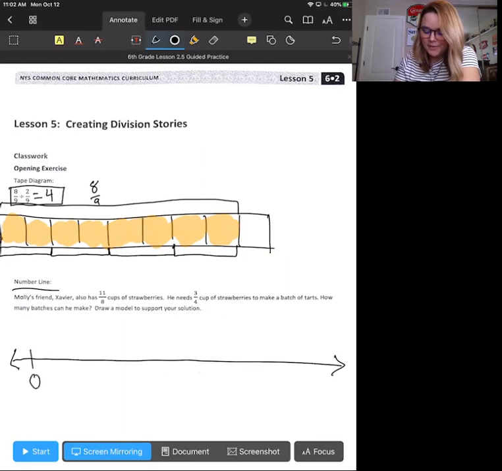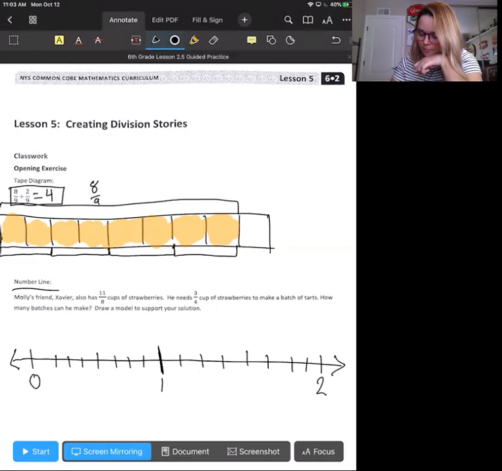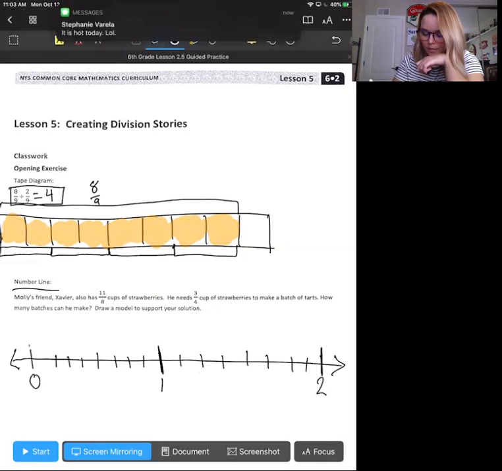I'm going to start at 0. And we know that 11/8 is somewhere between 1 and 2. So we have to have 1 and 2 on our number line. And since we're working in eighths, we're going to have eighths in between each number. I'm going to make my whole numbers a little bit bigger so I can see them.